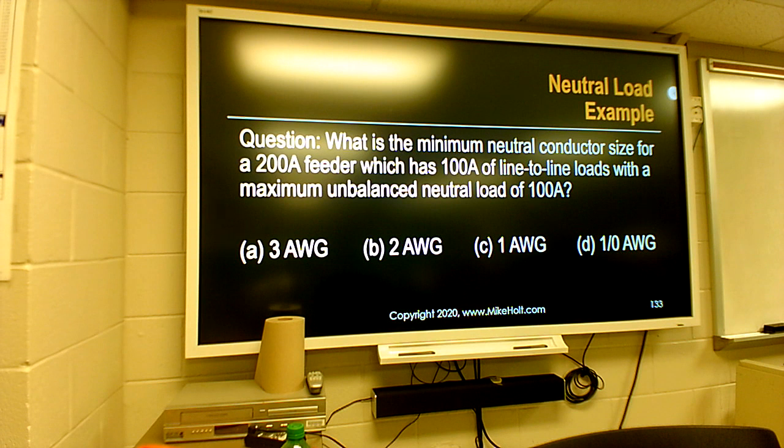Line-to-line would mean like if you got the 240 volts coming into the panel, single phase panel, 240 volt coming in, and say all of your cooktops and your stoves and all, they run on 240, right? 230 or 240. The two hot wires that give you 240 will be L1 and L2. Line-to-line loads use L1 and L2 and they don't use a neutral.